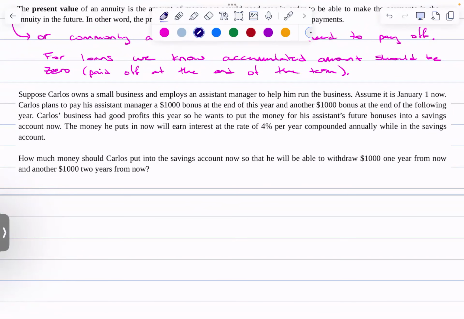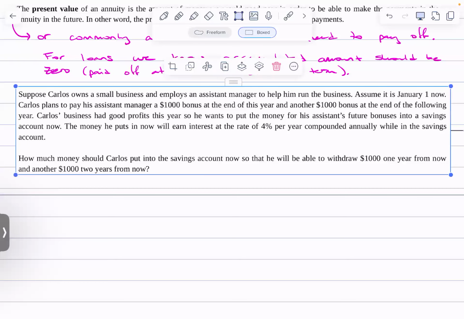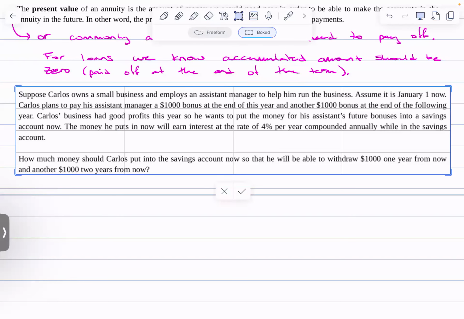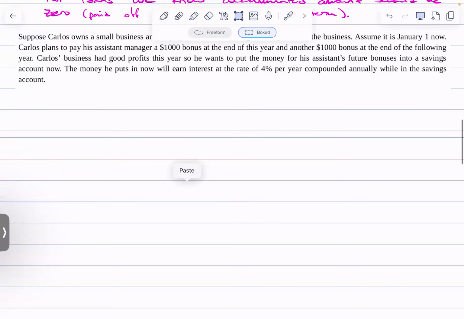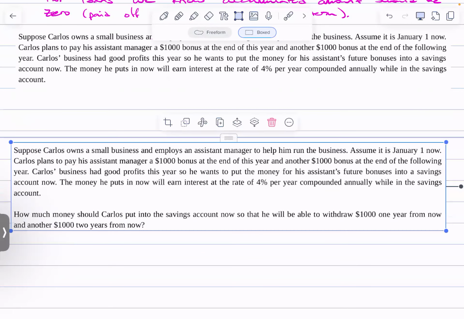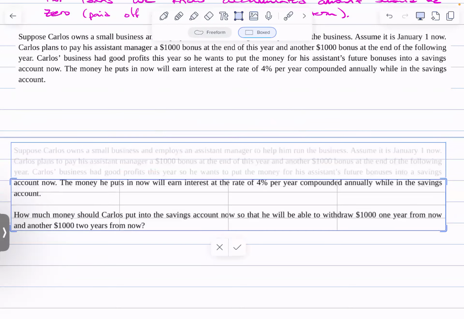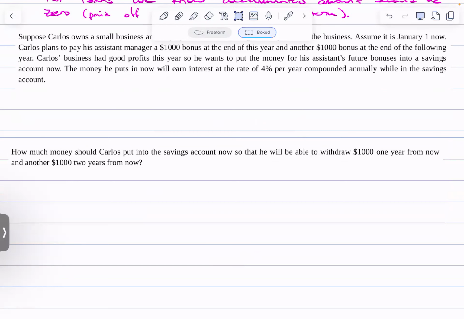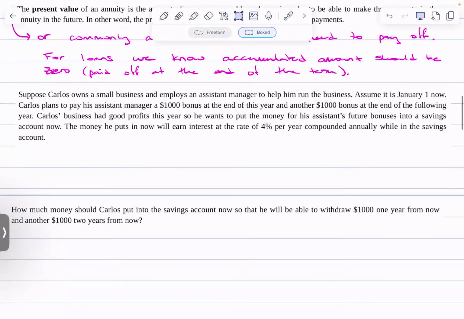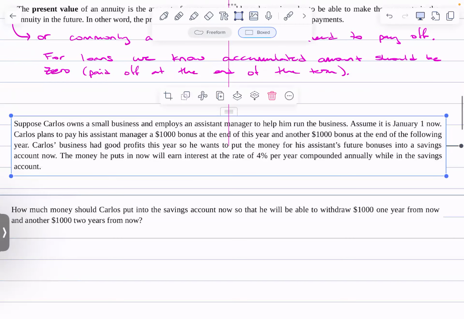I've moved it back. How about this? Copy, crop top, paste, crop top. That's problem solving.